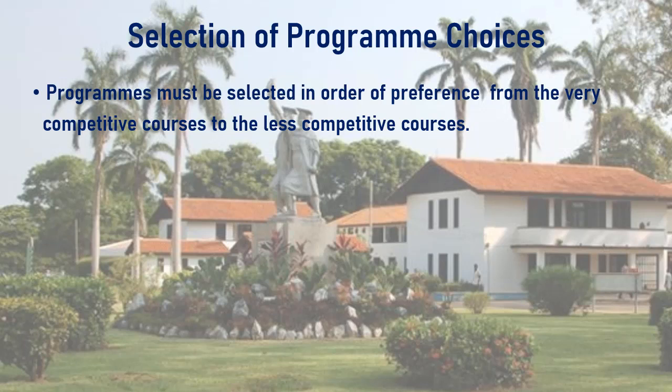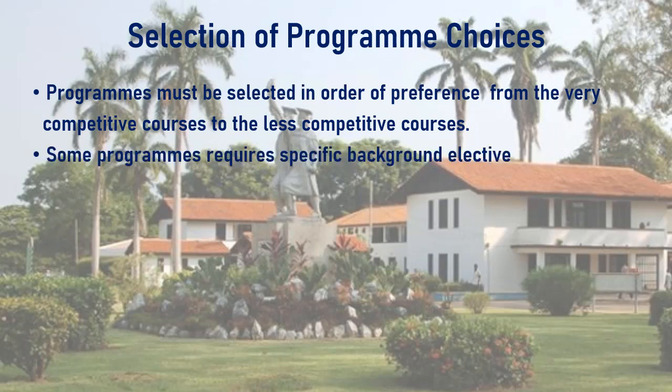All these programs are first choice programs, thus they are highly competitive programs. So you should avoid selecting your programs like that. Make sure you select programs that are highly competitive as your first choice and less competitive as your second and third choice, so you stand a chance of attaining admission.